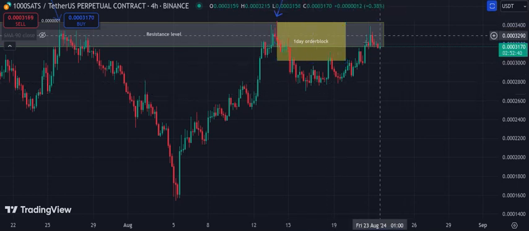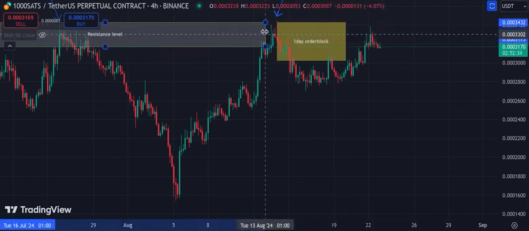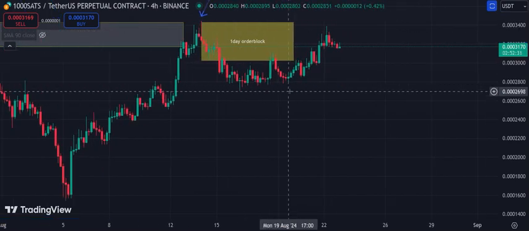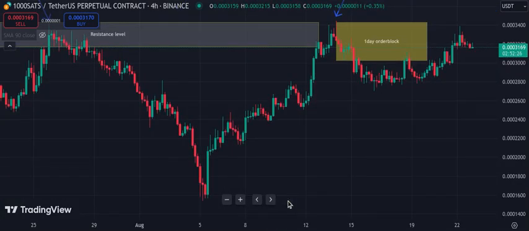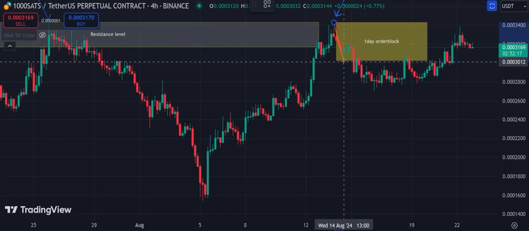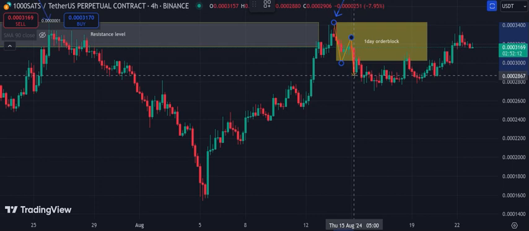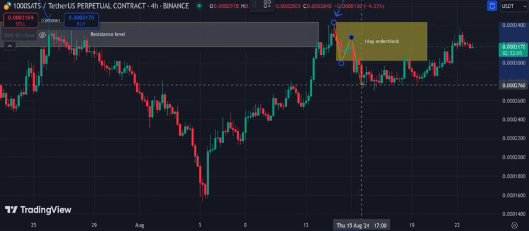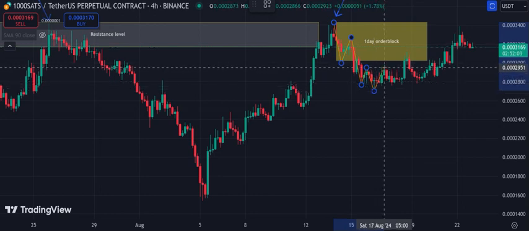So now in our 1 day order block, on a 4 hours time frame, let me shift this so we can see it clearly. On a 4 hours time frame, from this high, the market is giving us something like this.